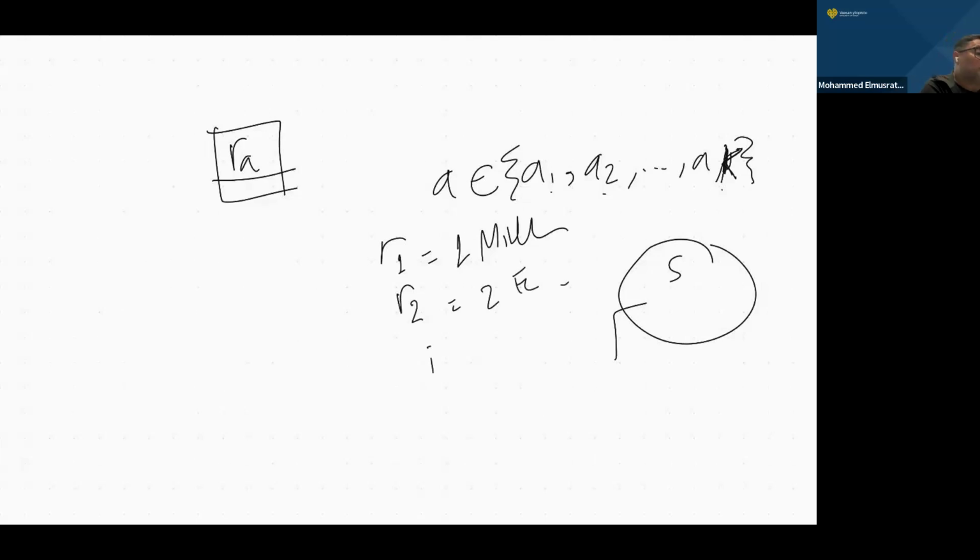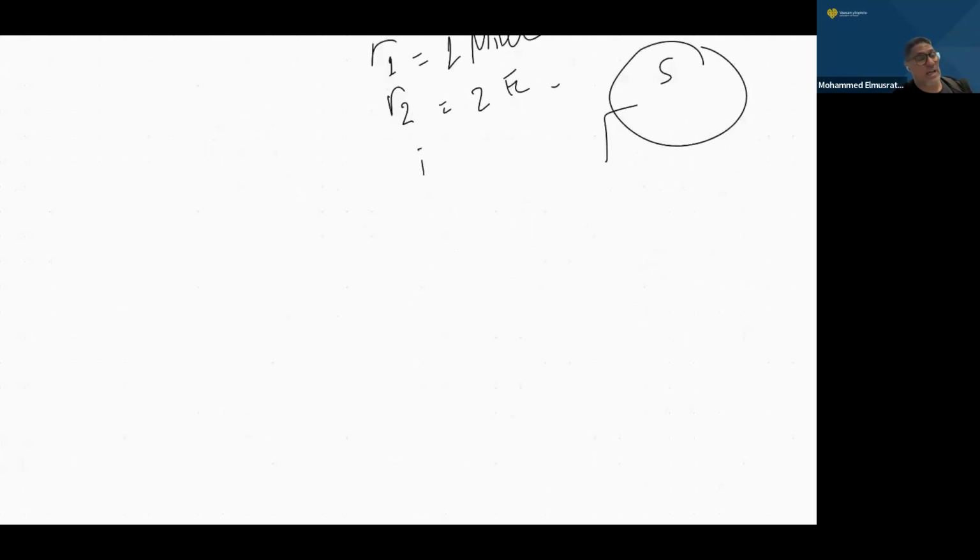Now, because we have uncertainty, we have a stochastic reward. So in this case, we have the distribution of the reward based on the action.